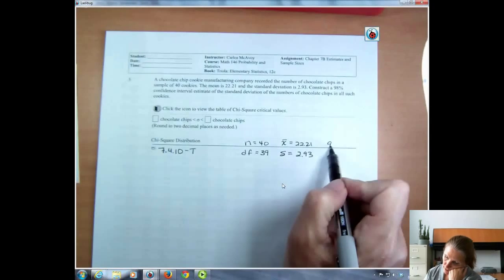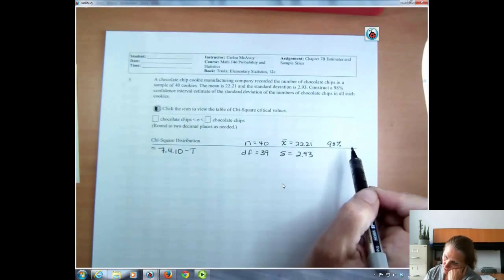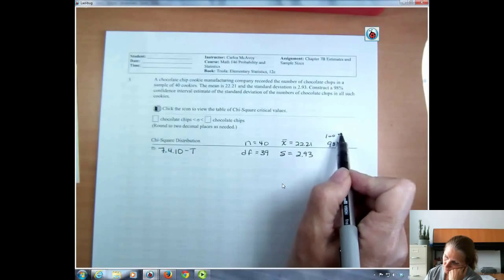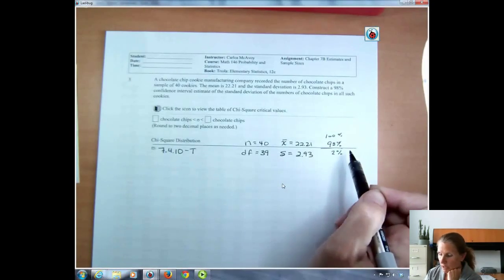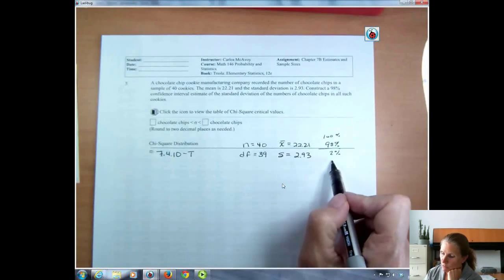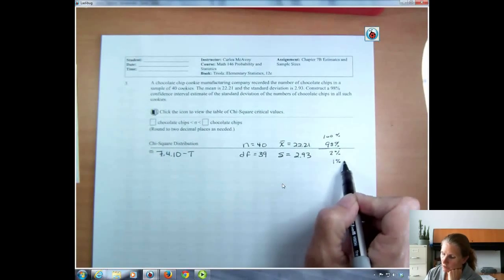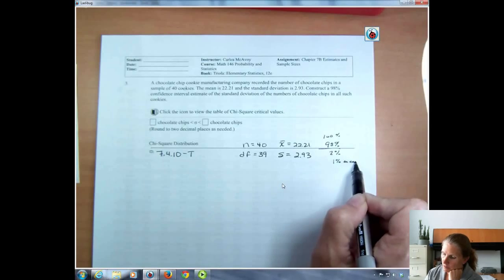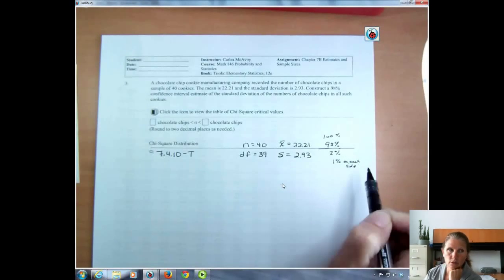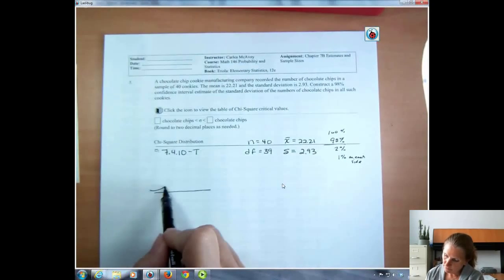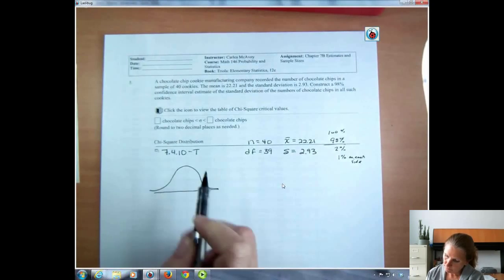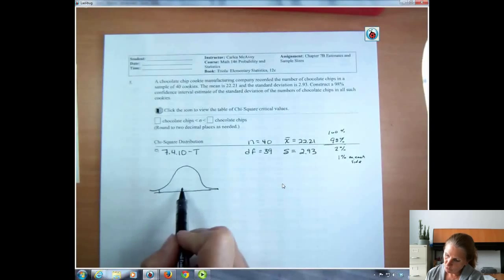We want a 98% confidence interval, which means we are taking 2% and splitting it amongst both sides, which means I have 1% on each side, right? And so if I look at my two chi-squared values, to the right of that would be 99% or 0.99.